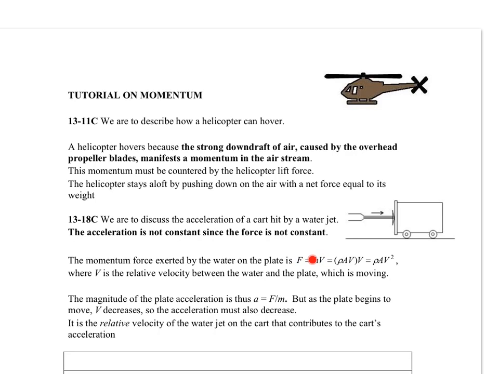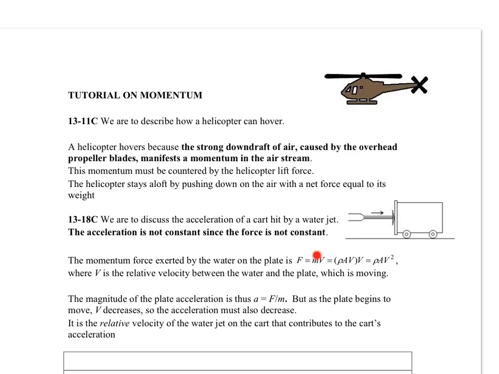This is the momentum effect, because as the water impinges on the kite, there is no velocity leaving in the x direction, and the velocity in, which is V, is now entirely converted into your momentum force.